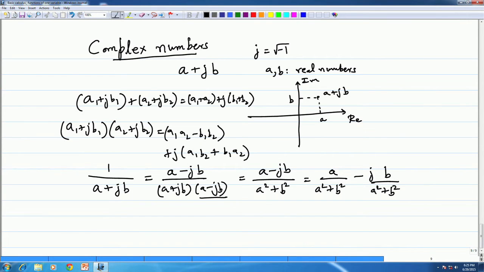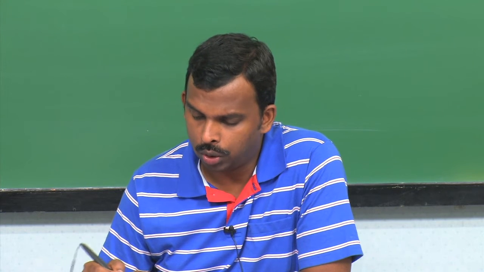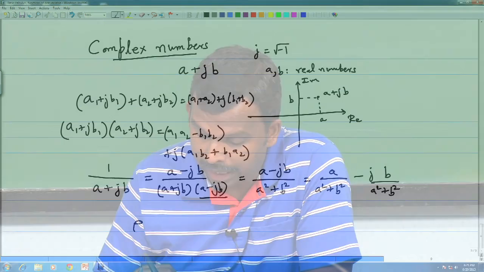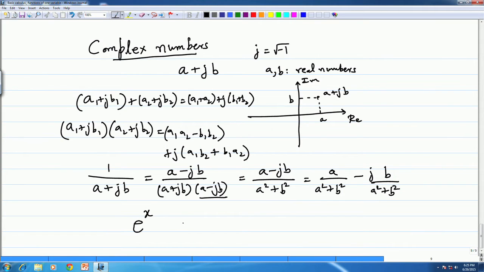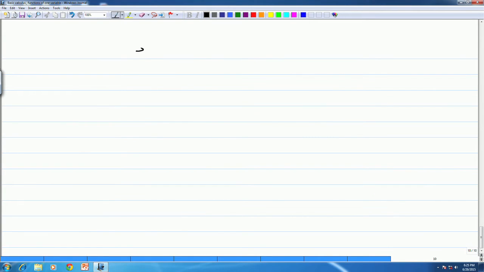The most important thing to know, I guess, in this course is the complex exponential. Okay. So, just like we looked at e power x for x real, one can look at e power z where z is complex, as in z is let us say x plus j y.